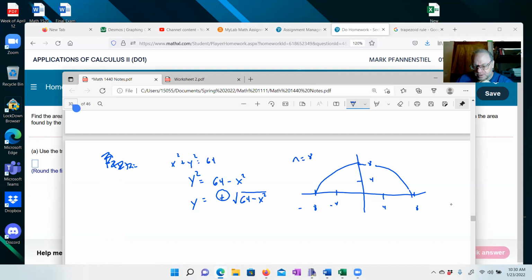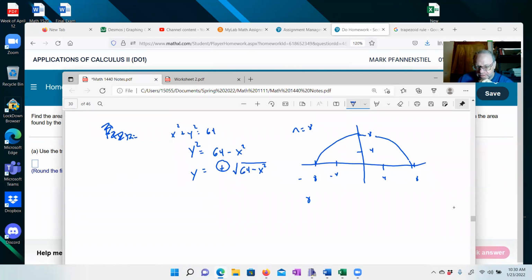So if we take 8 minus negative 8, B minus A, divided by n, which is 8, we get 16 over 8, which is equal to 2. So delta x, or h, is equal to 2.